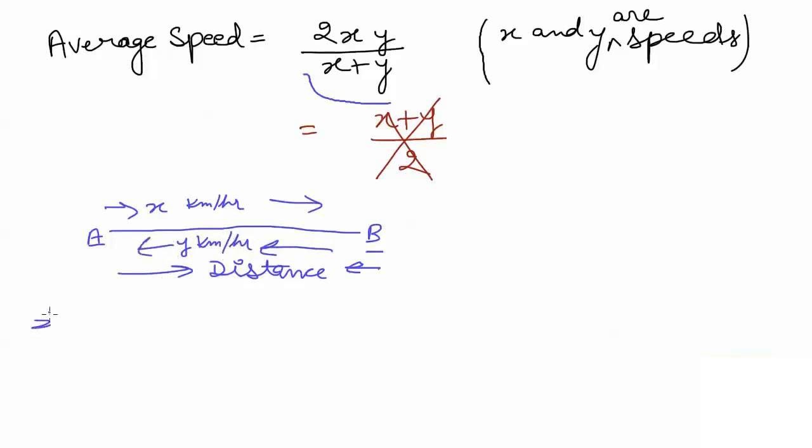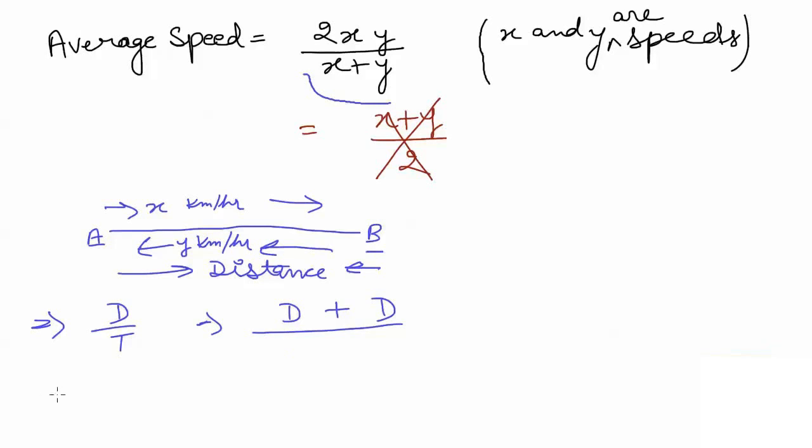The formula to calculate speed is distance over time. So in this case, what is the distance? Distance is the same from A to B and B to A, that is D. So D plus D. So he covers this distance twice, once when he goes from A to B, and secondly when he comes from B to A. So the distance is D plus D. And what is the time taken?